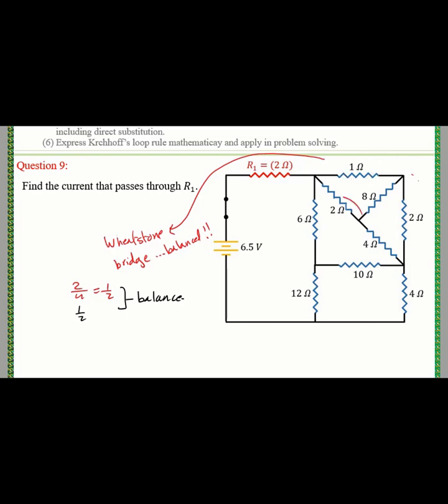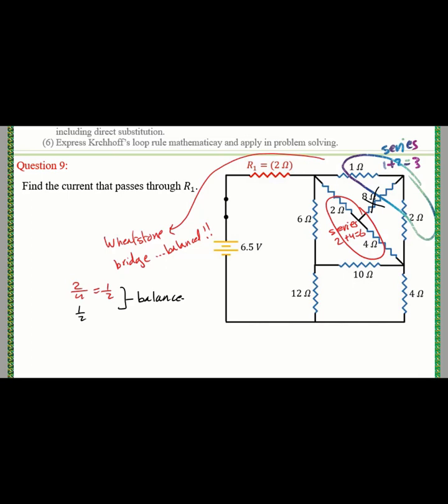So these are series, equivalent to 6. 2 plus 4, it is 6. And the other 2 here, also series, 1 plus 2 equals 3, and the 8 ohm is out of the circuit because there is no current flow through it since the bridge is balanced.